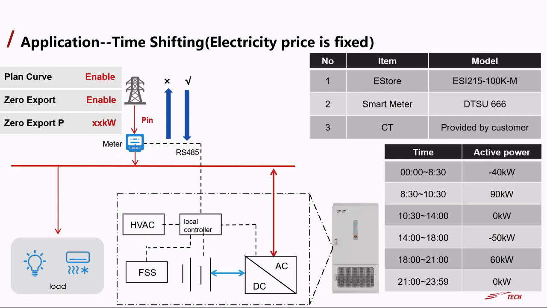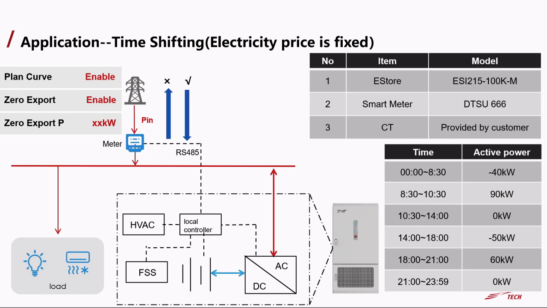You can preset the charge and discharge time. For example, you can set the charge and discharge time according to tomorrow's electricity price level. As we know, from the evening to morning, the electricity price is normally at a low level. We call it the valley time of the price.